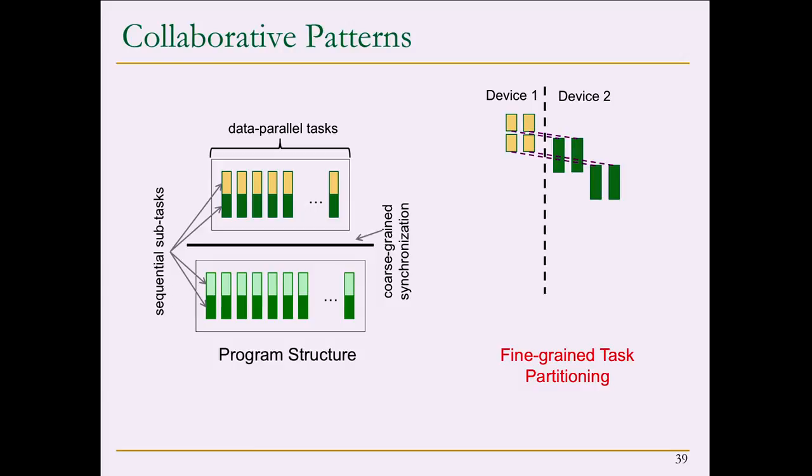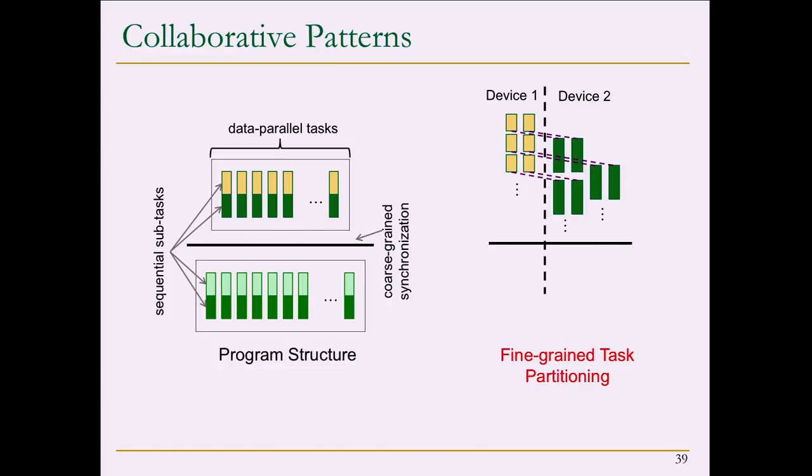So this is what we could have: some part of the computation on the CPU, part of the computation on the GPU. You see in the slide that it's possible to have concurrent execution of CPU and GPU, and in the middle we will need to use some fine-grained synchronization between CPU threads and GPU threads.